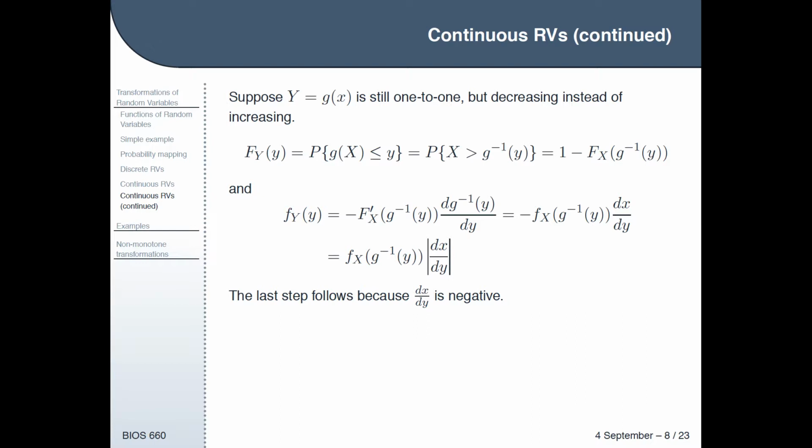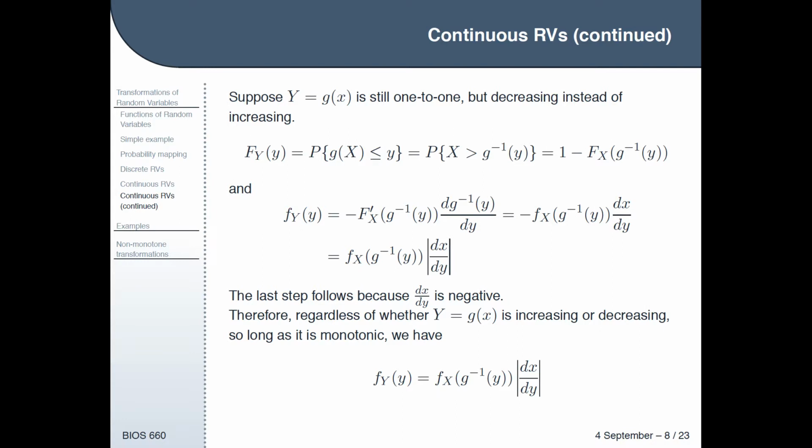Since the transformation function is decreasing, its derivative is going to be negative, so this sign is always going to be negative and it'll cancel with this. So if we just put the absolute value there rather than minus 1 times the derivative, we end up with the same thing.